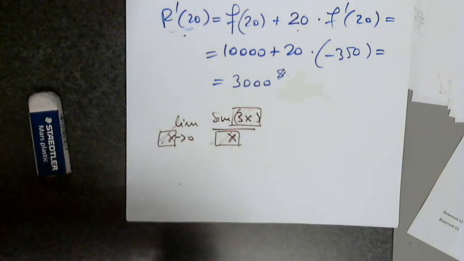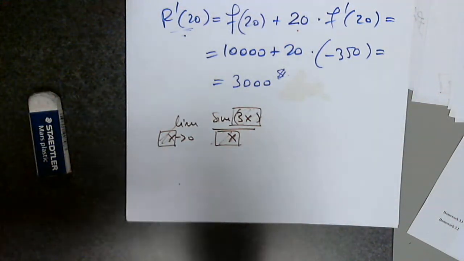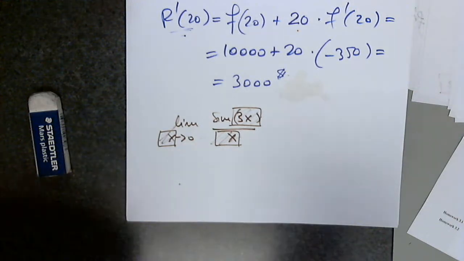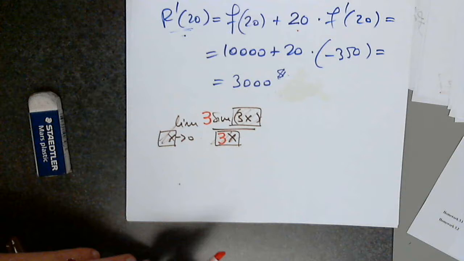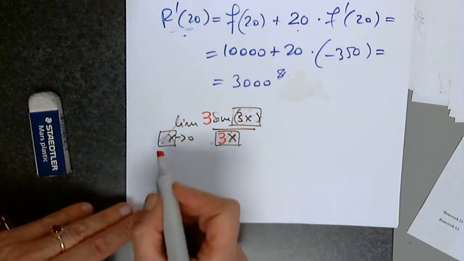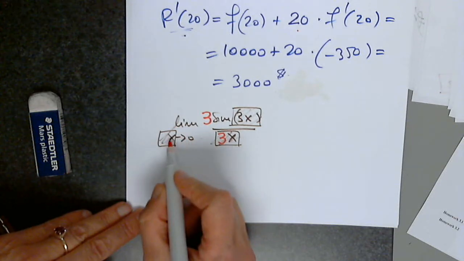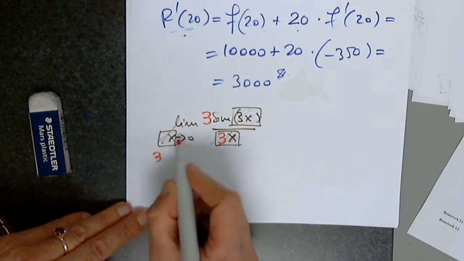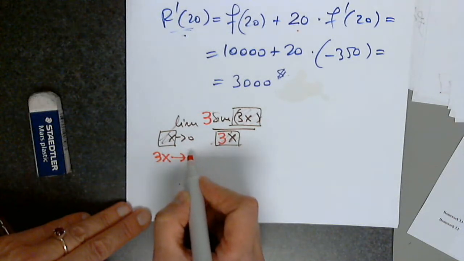So, if this is 3x, what should I have in the denominator? Yes, and I will multiply the numerator and the denominator by 3, which is 1. I didn't do anything. But what should I have in here? Right, but since x approaches 0, and if you multiply both sides by 3, what will this equal to?